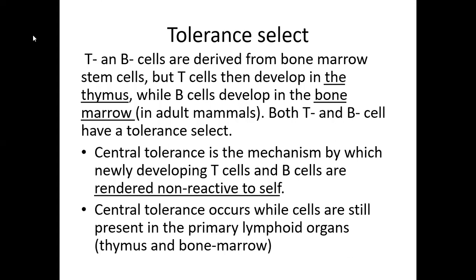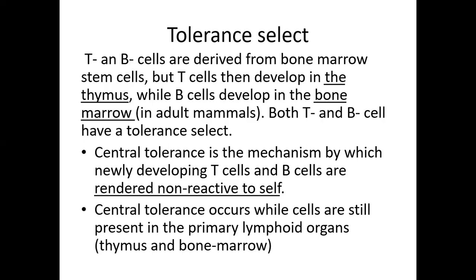T and B cells are derived from bone marrow stem cells, but T cells then develop in the thymus, while B cells develop in the bone marrow. Bone marrow, B; thymus, T. Both T and B cells have tolerance selection, so two kinds of selection.